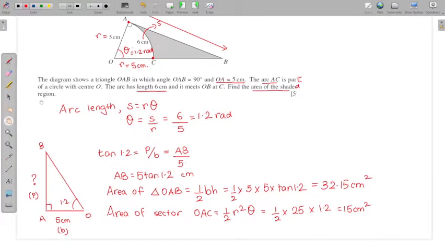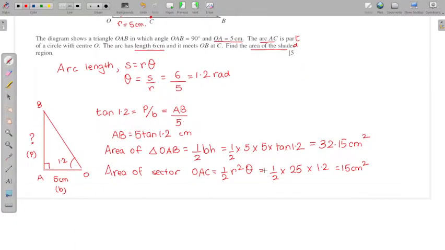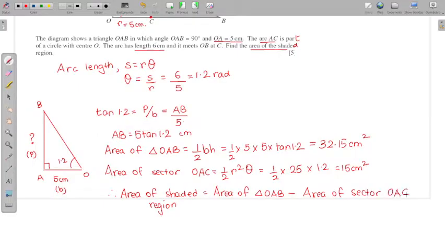That means the area of the shaded region will be the area of the right angle triangle OAB minus the area of the sector OAC.